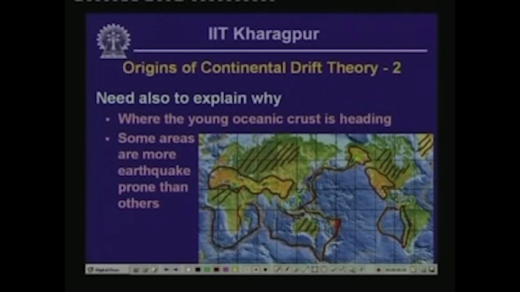So these are the questions that started bothering geologists as to why in some areas of the Earth you have got so many earthquakes, whereas in other areas there are so few earthquakes occurring.